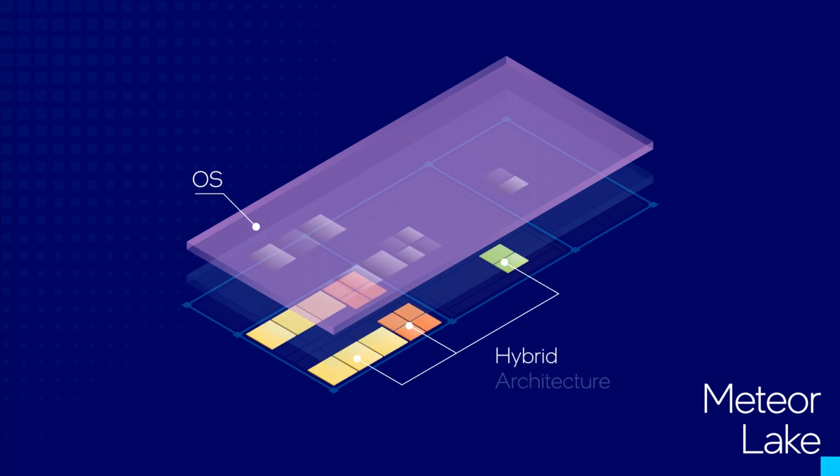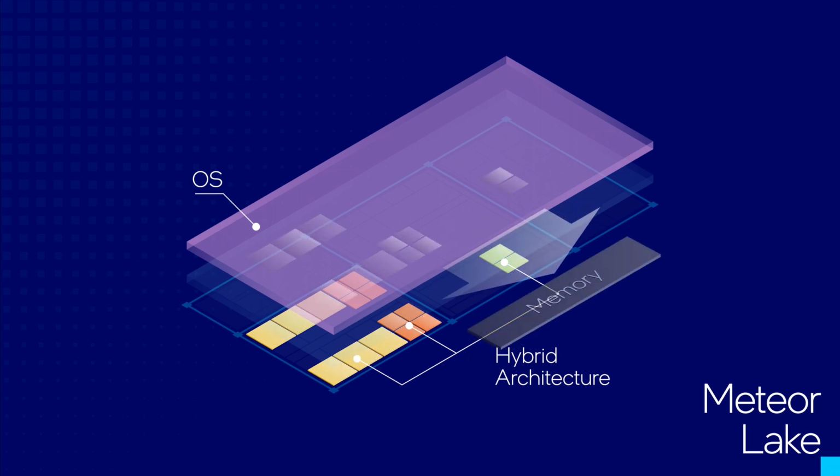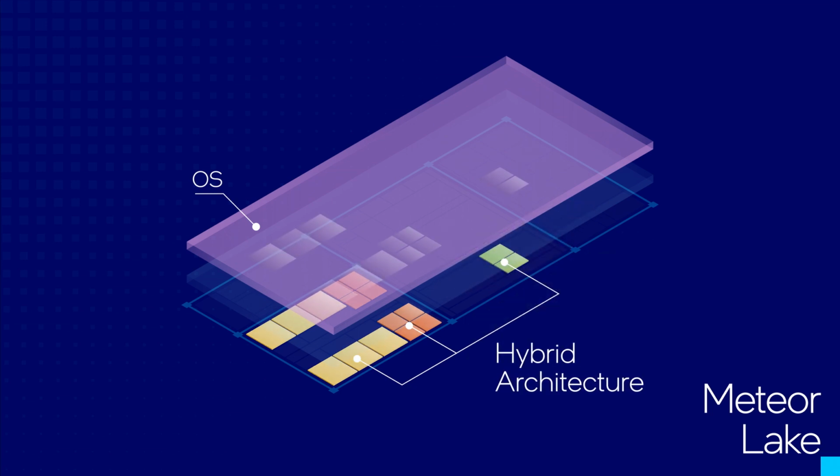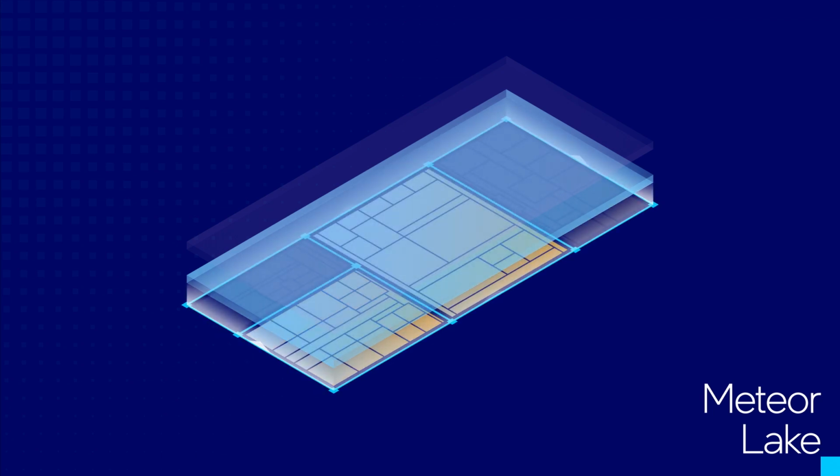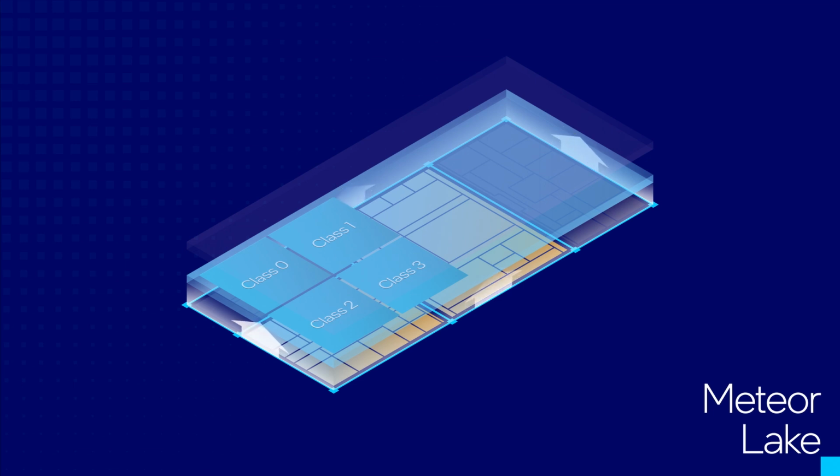The way Thread Director works is the operating system initializes the space in the memory when it sees hybrid architecture. First part of Thread Director is instruction classification that runs in the cores. This essentially categorizes the current work into 4 different classes.